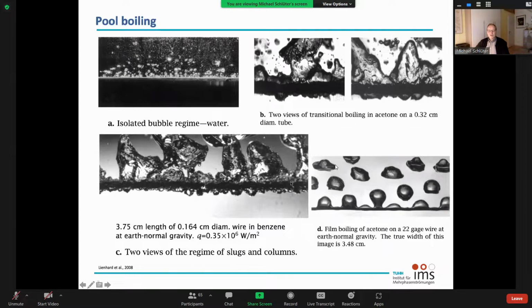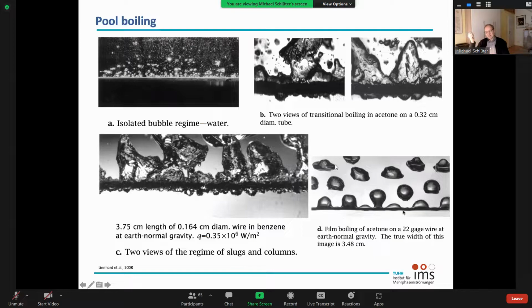So in other words, you get a very, very thin layer of vapor around this wire, and this thin layer of vapor acts like an isolator, because as you know, the heat conduction of liquid water is much, much higher than the heat conduction of vapor. So this vapor layer acts like an isolator.